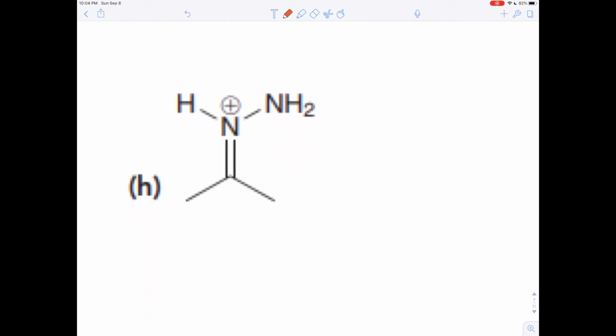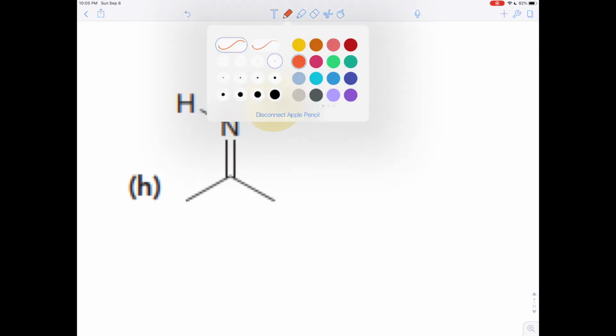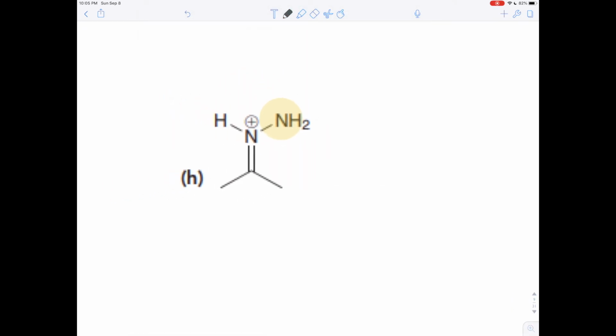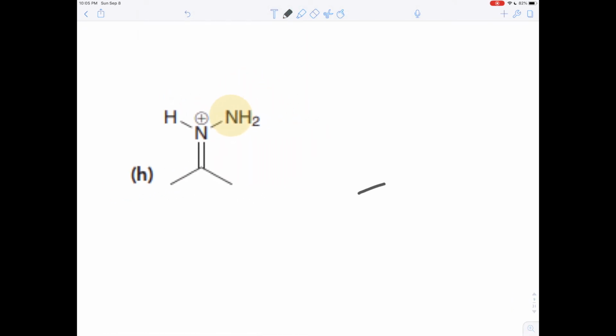In H, first, the nitrogen on the left has 2, 4, 6, 8 electrons around it, and so you wouldn't add any lone pairs. It already has 8 electrons. The second nitrogen, and this may be a little trickier to see, let me draw that expanded a little bit. So here's your structure, you've got the nitrogen there, hydrogen, this nitrogen has a positive charge, then you have this nitrogen.